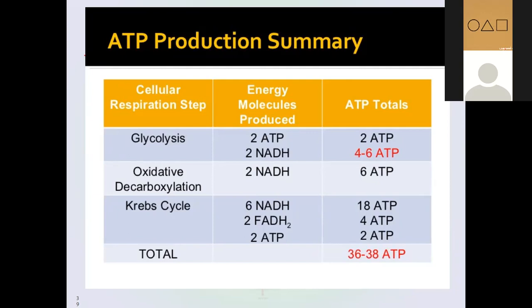Merong nangyari na gluconeogenesis, merong glycolysis. So it's really not important that we know the exact ATPs, no? So marami kasing process na nangyayari sa mitochondria. But what's important, you have the ballpark figure of ATPs produced for each glucose.